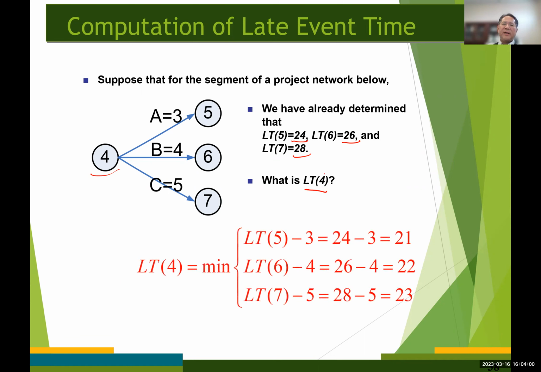So in this case, let's suppose the latest finish time for event number 5 would be, let's say, 11:24 a.m. And the latest finish time for event number 6 would be 11:26 a.m. Okay.